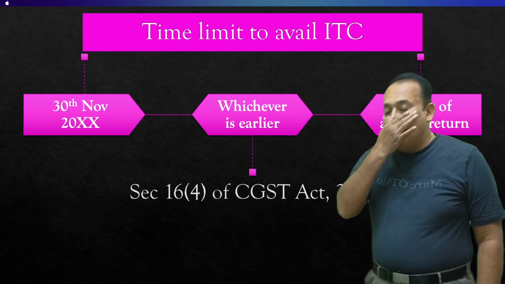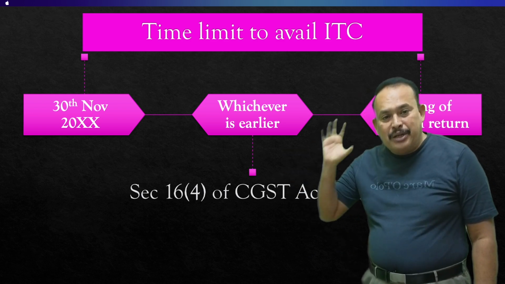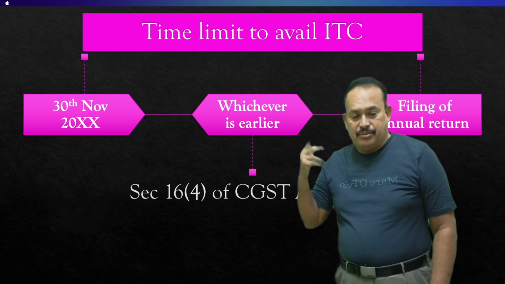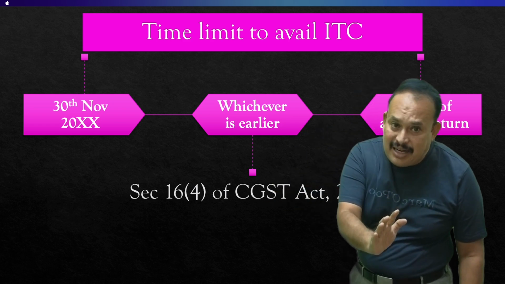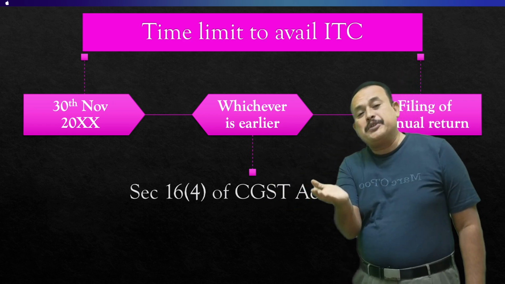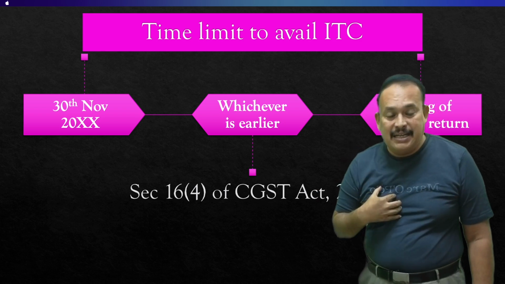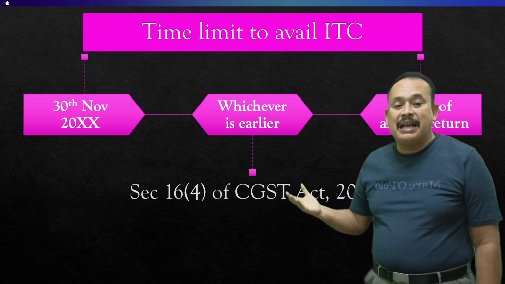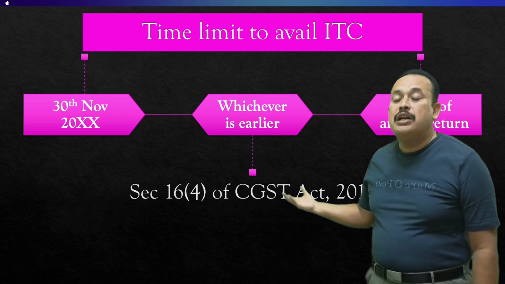For example, in the 24-25 financial year, a particular invoice's ITC was not availed. In the subsequent financial year, can I avail ITC? Yes. In the subsequent financial year, 25-26, I can avail the ITC provided the time limit is satisfied. That means I can avail only within the time limit prescribed under Section 16, subsection 4.